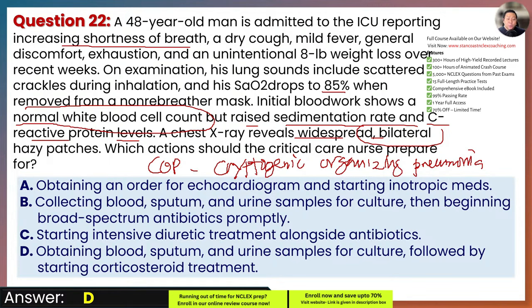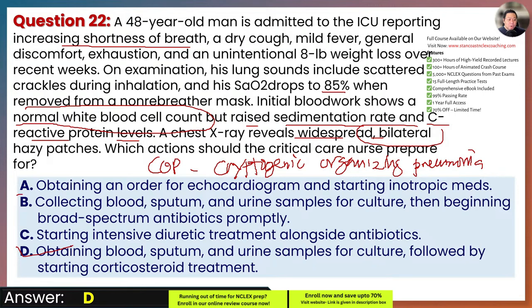And the normal white blood cell count, but there's elevation of the SED rate and CRP points to inflammation, not bacterial infection. And the corticosteroid that we have in the treatment in letter D is the key intervention for the COP.